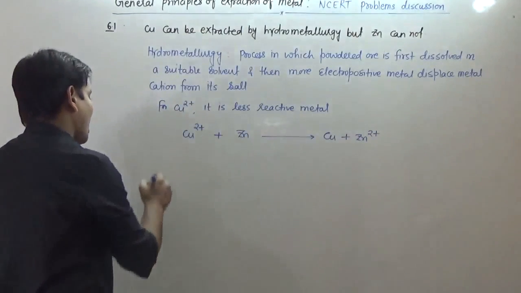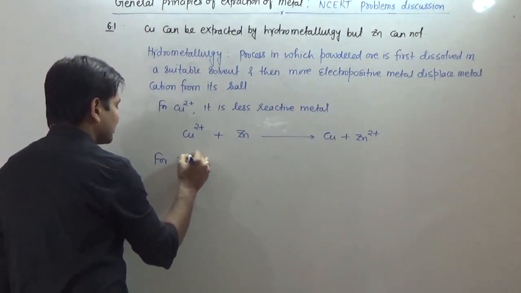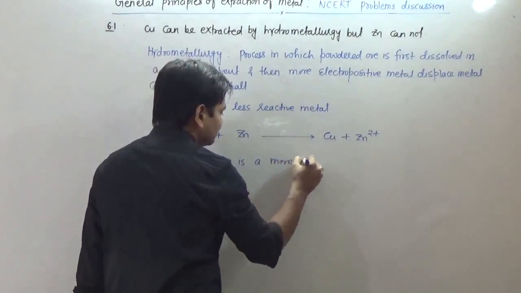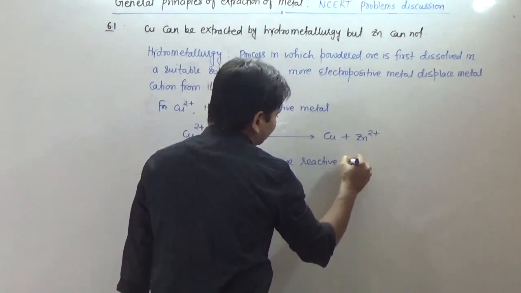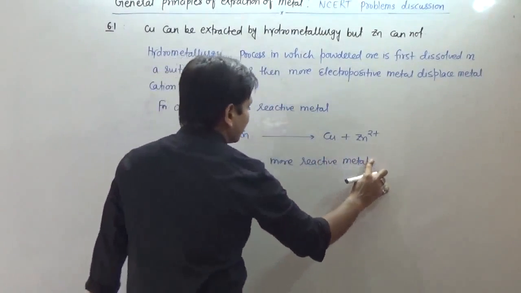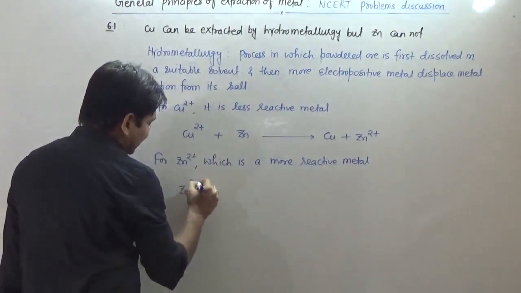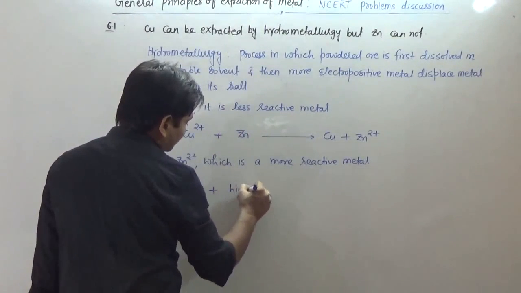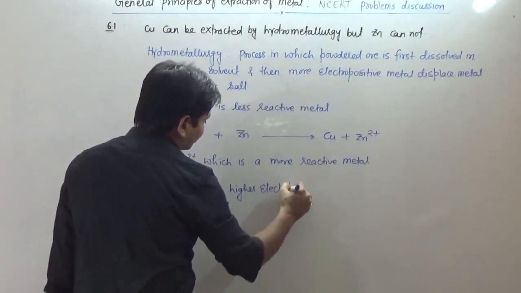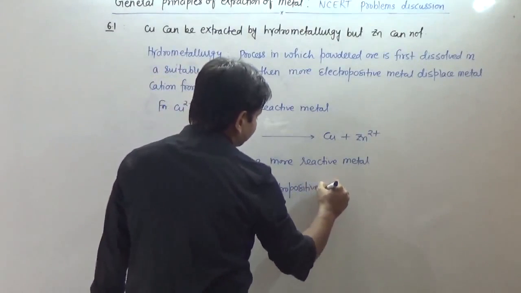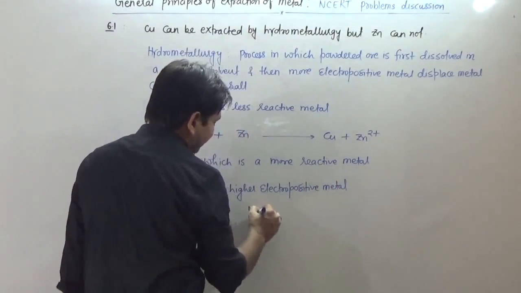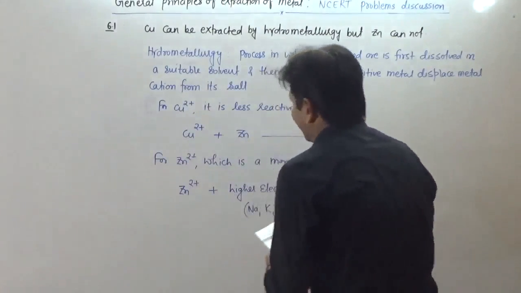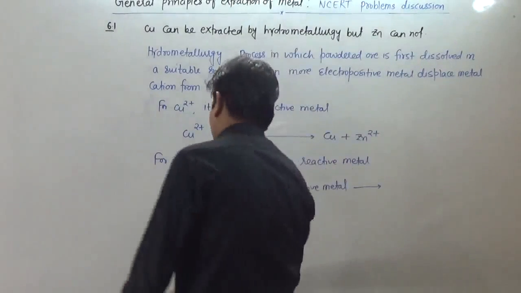This is the phenomenon. However, Zn2+, which is a more reactive metal, cannot be reduced by a higher electropositive metal. We have to take a more electropositive metal than zinc, like sodium, potassium, rubidium, etc. These are highly electropositive metals.